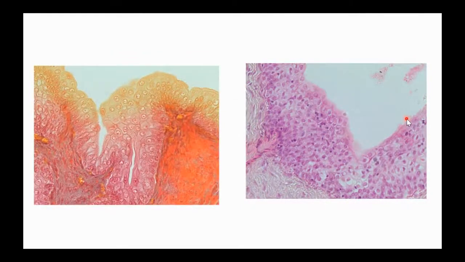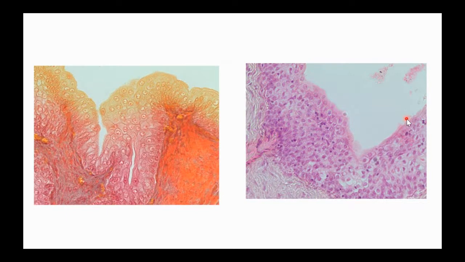I don't have a picture here in my slides, but I will mention that you have in your packet some pictures of stratified columnar and stratified cuboidal epithelium. Remind me again what that word stratified means. What does stratified mean?